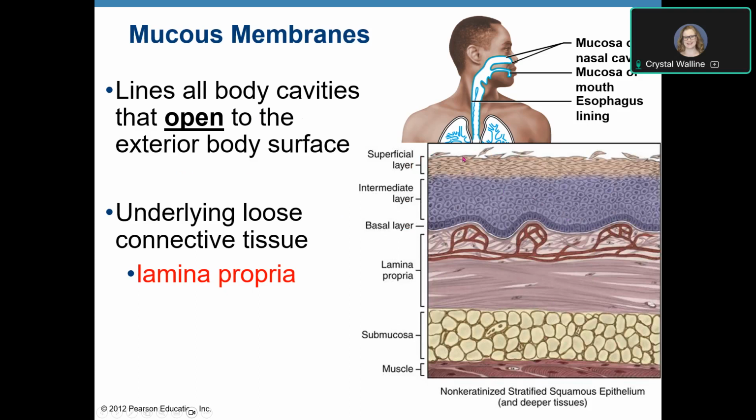Remember that there is a layer of epithelium and then a basement membrane of a cellular tissue. And then you've got the lamina propria connective tissue deep to that.